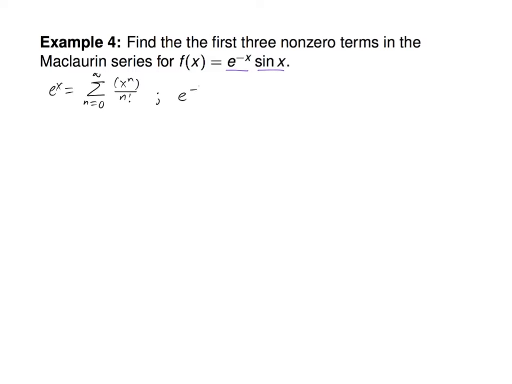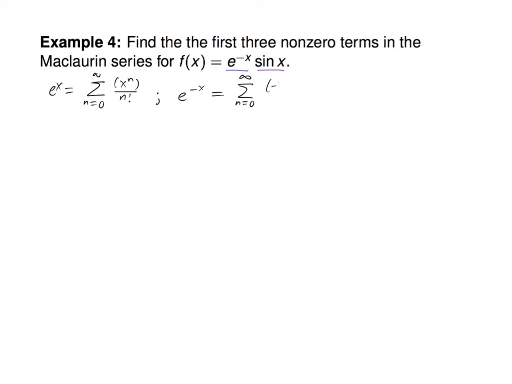So what's e to the negative x going to be? How would you get that from e to the x's series? You plug in negative x. Does that make sense?